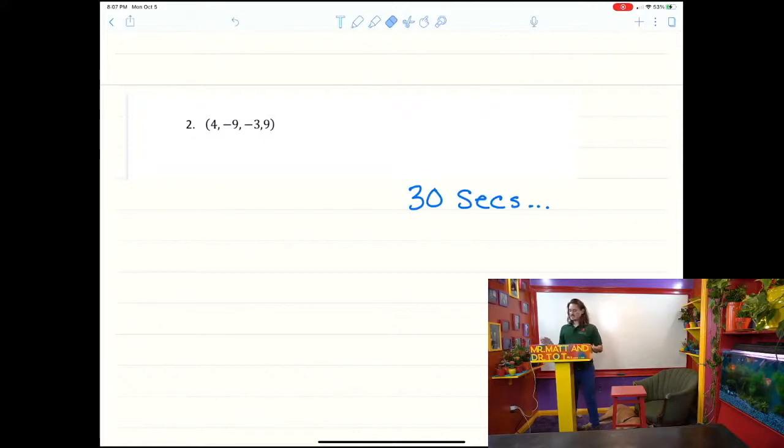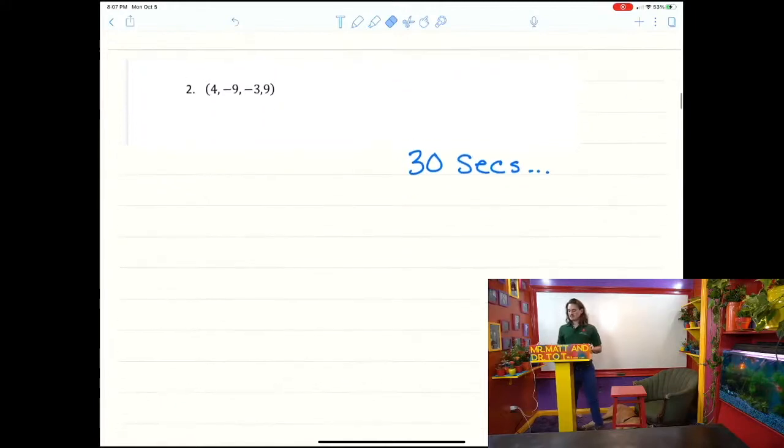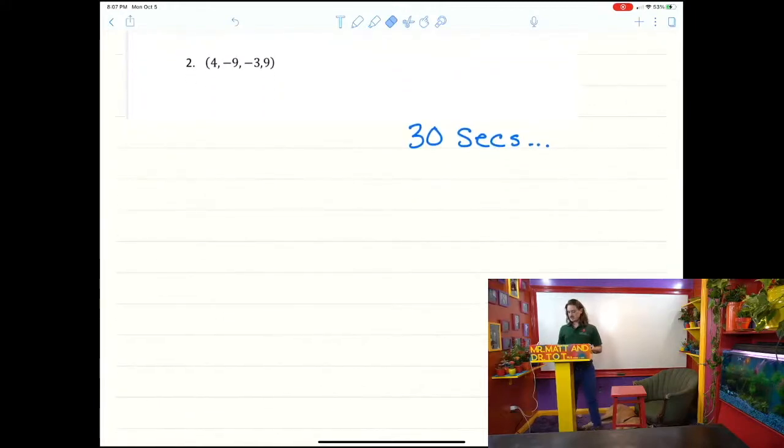Okay, so in this set we have +4, -9, -3, and +9. So again, orient yourself on a number line relative to the value of 0. So if we put 0 in the middle here, -9 and +9 are the smallest and largest, respectively.